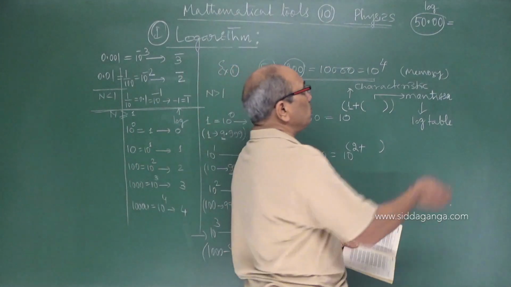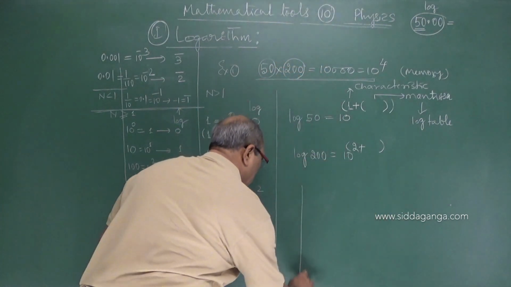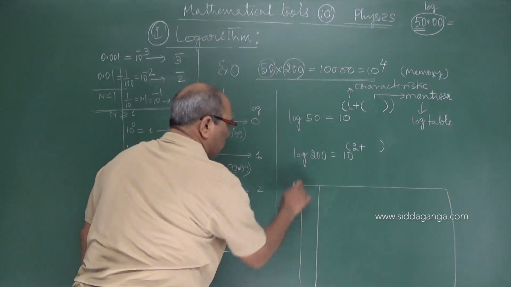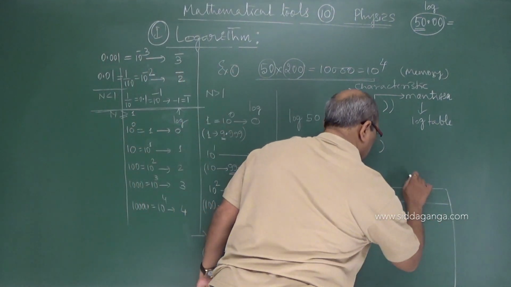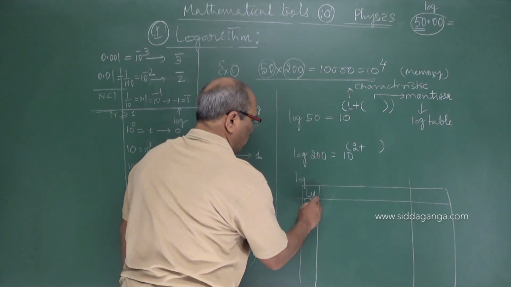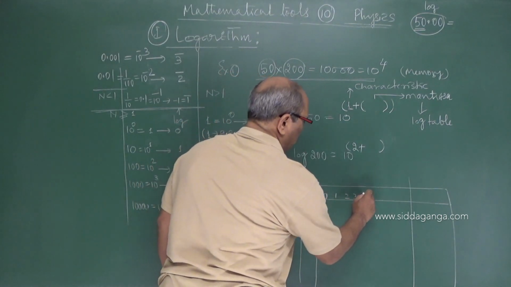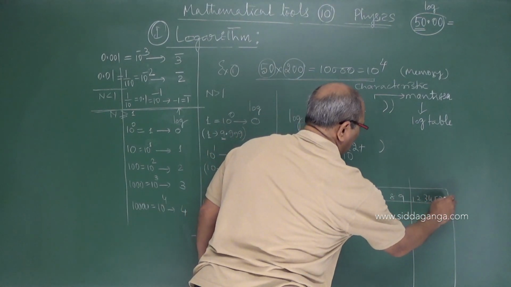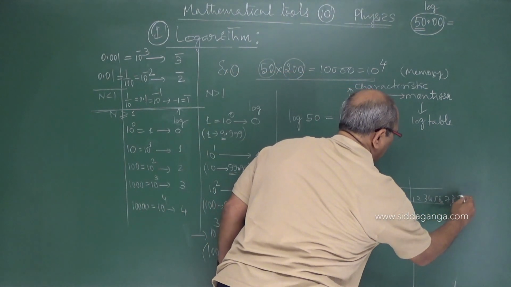Now the first two digits in the log table: this is the leftmost column in the logarithm table. The 2-digit numbers follow here, and the columns run from 0, 1, 2, 3, 4, 5, 6, 7, 8, 9.